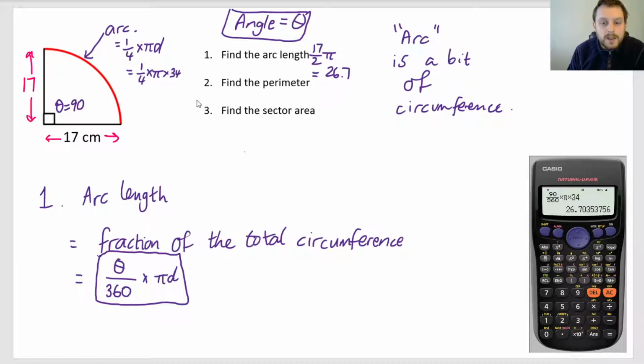So all you need to do is add the 2 17s on. So add 2 17s. So that would be 60.7. And if it asked in terms of pi, then you'd literally be doing 17 over 2 pi and then write plus 34.